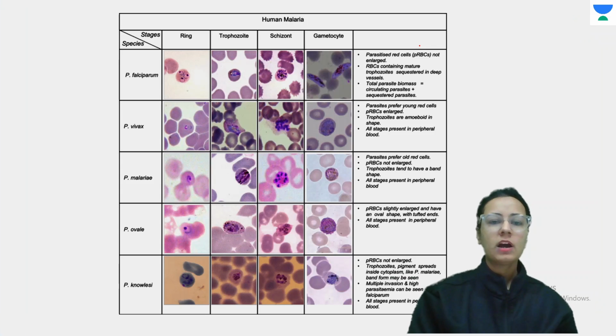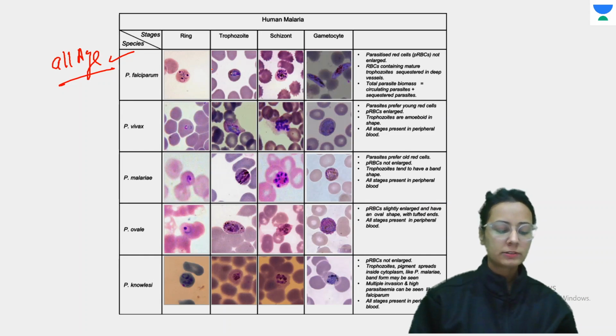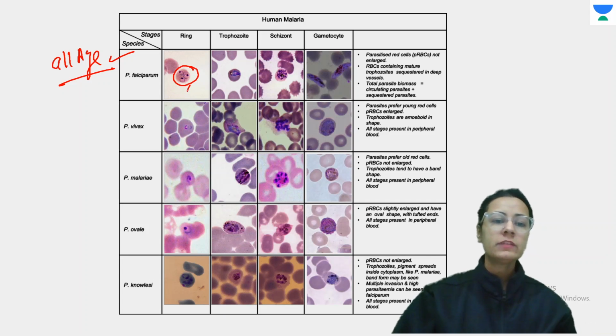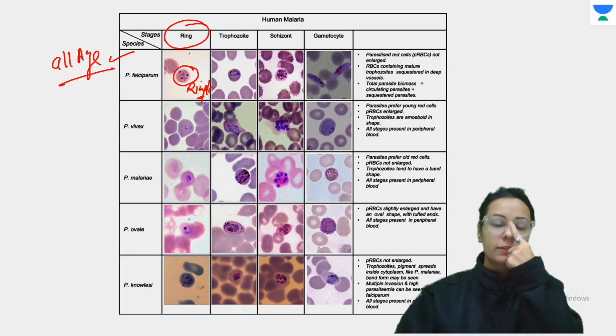Now, we have already seen that in falciparum, all ages of RBCs are involved, and the RBCs are of the same size, and we can see the ring form, and the double ring form is also seen in falciparum.